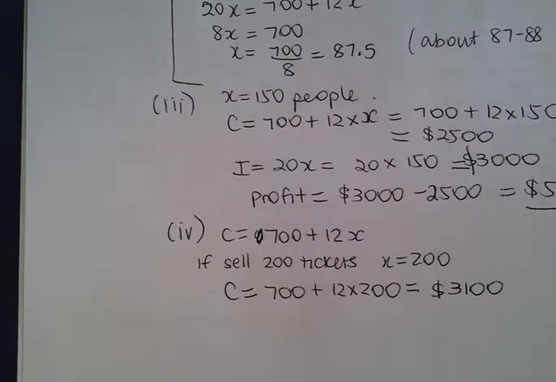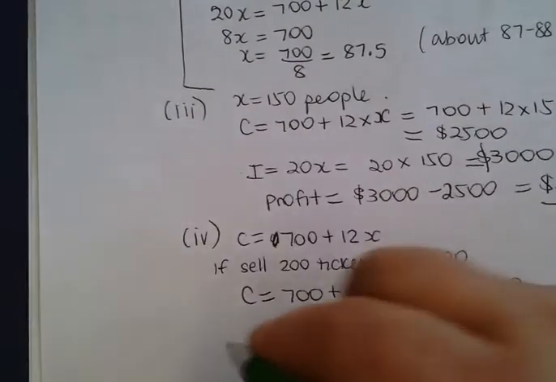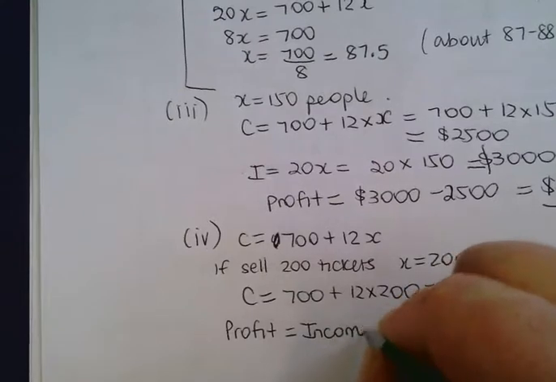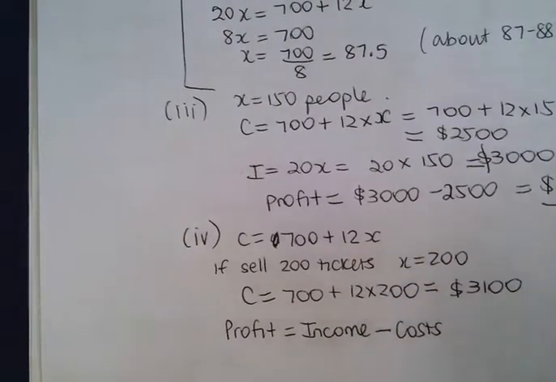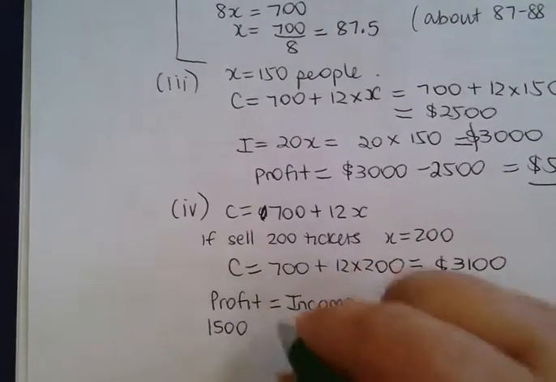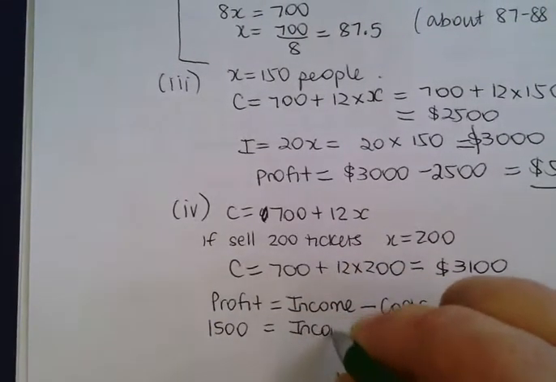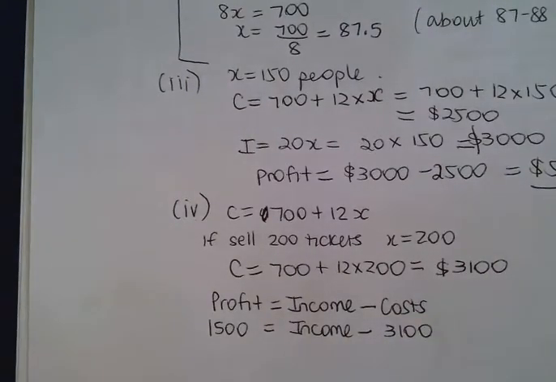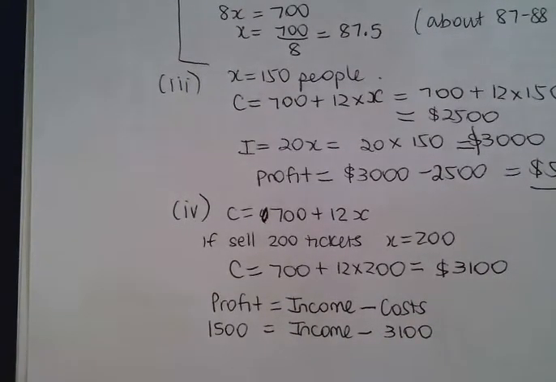Now they want to make a profit of 1,500. Isn't your profit your income that you take in at the door minus your costs? So if you want to make a profit of 1,500, that's your income at the door minus your costs of 3,100. Does this make sense?